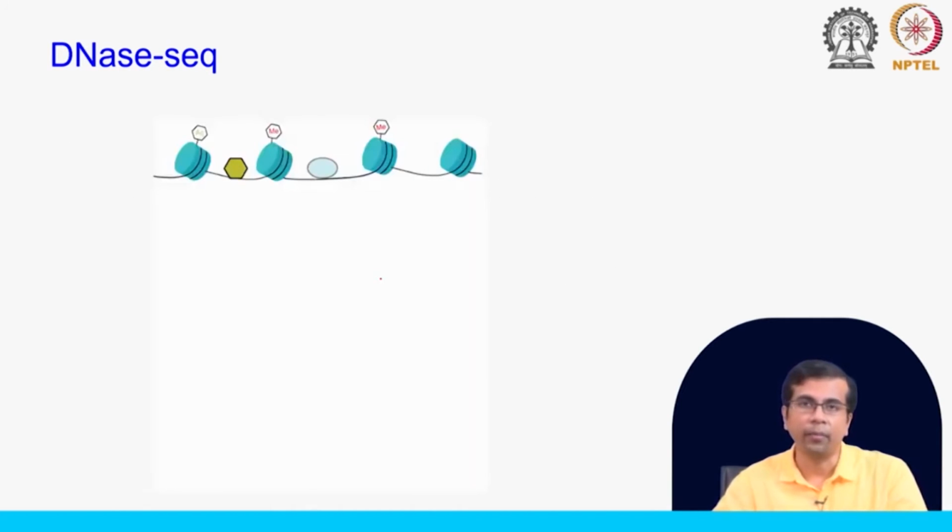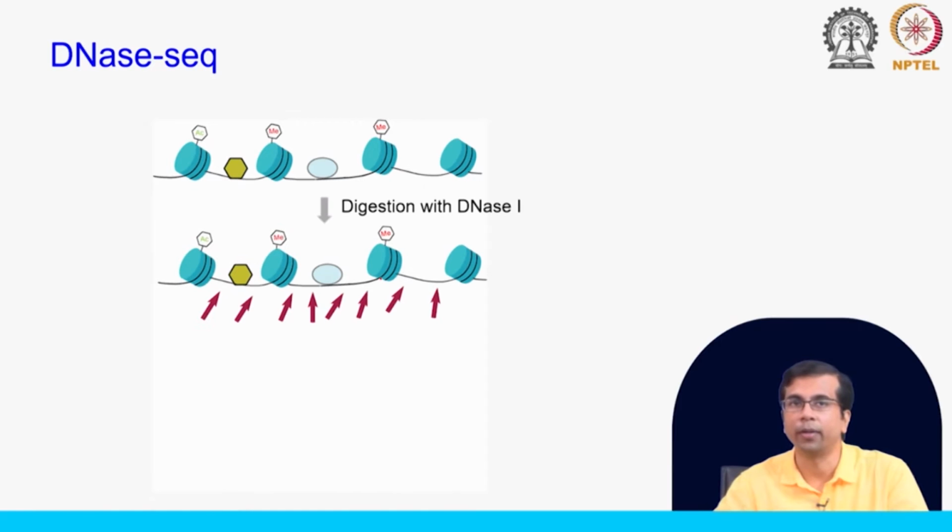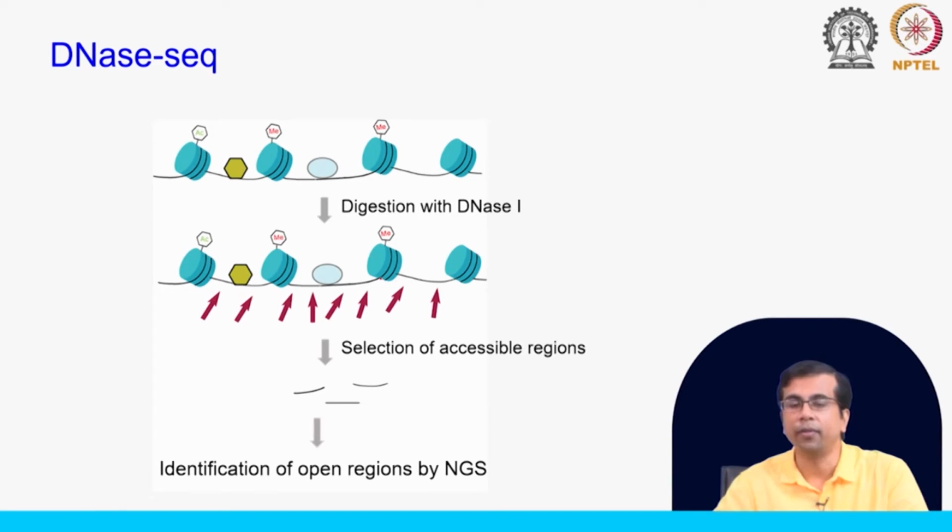Okay. Again coming back to the animation. We have this DNA again bound by nucleosomes or transcription factors, but then you have some regions that are free, and these are the sites where DNase I will work. Okay. So, you can see these sites that will be attacked or digested with DNase I, and you will end up with these fragments that are site selected fragments. So, we will select for some size that is appropriate, not too short, not too long.